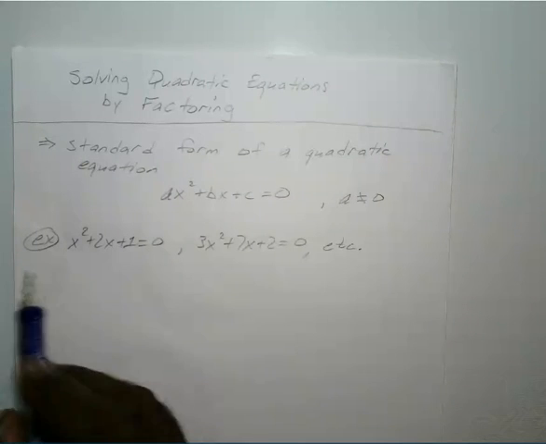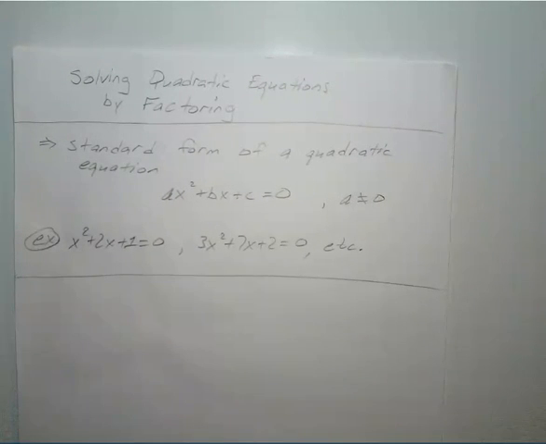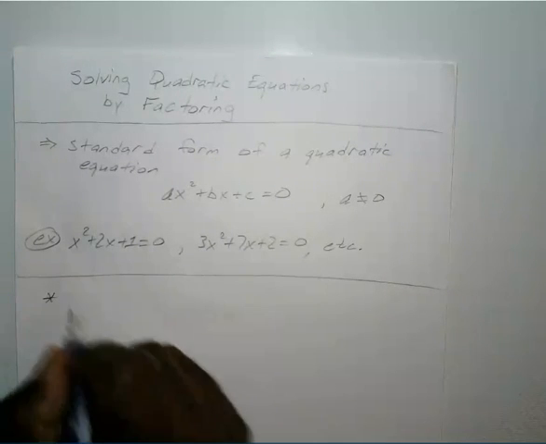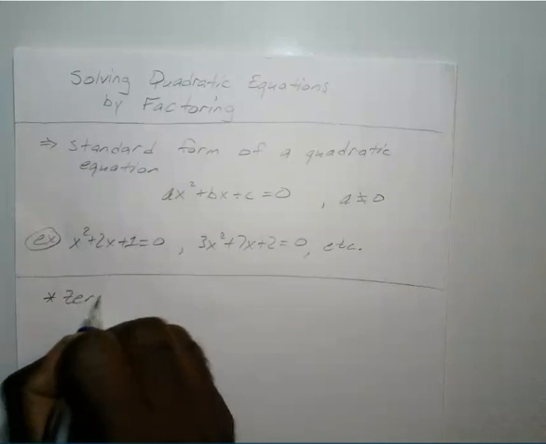Okay, now the principal idea behind solving quadratic equations by factoring is what we call the zero factor property.